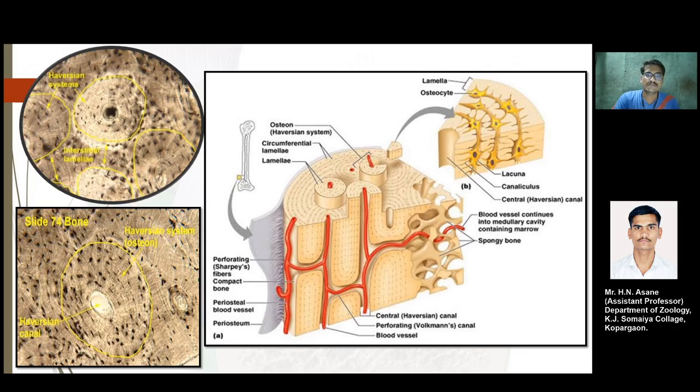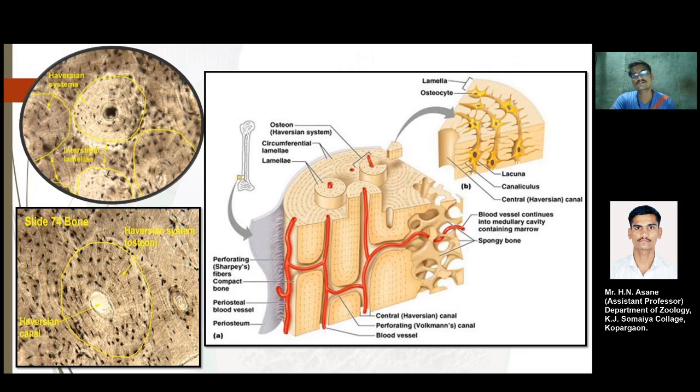Now the very detailed and focused Haversian system. Let's take a look here. As you can see in this big picture, there are some canals, and some arteries as well as veins, and these Haversian canals provide the space for the arteries and veins to provide nutrients and oxygen to the bone tissues.